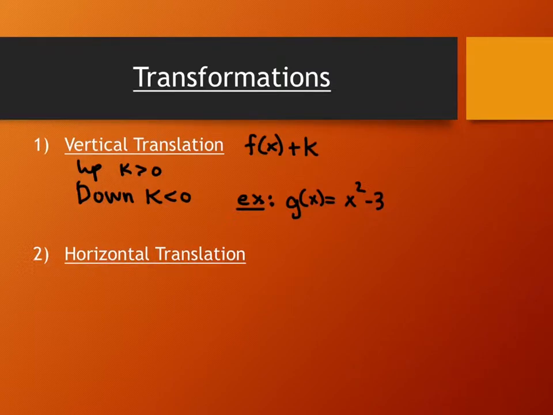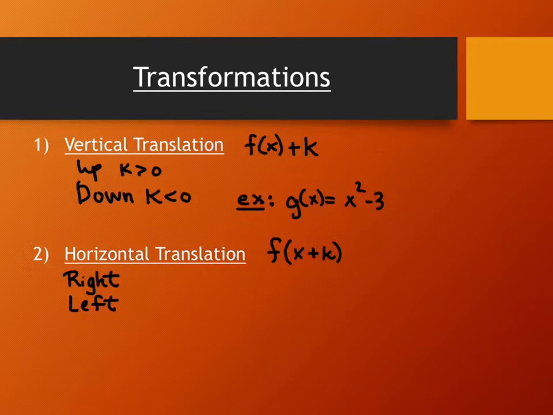A horizontal translation moves something left and right, like the horizon, along a road. So we're going to either move things right or left. The way this happens is that instead of adding or subtracting something at the end, we do it grouped inside with x. So it's embedded inside with the x, and that will shift it left or right.